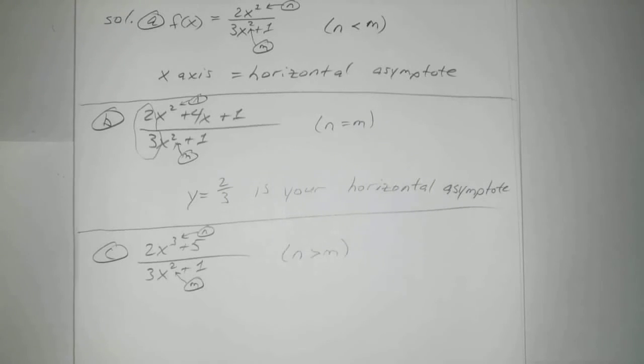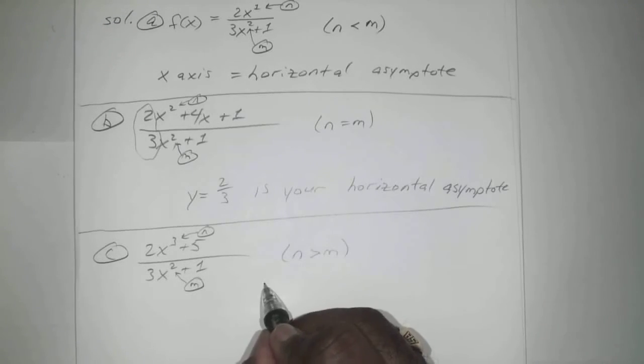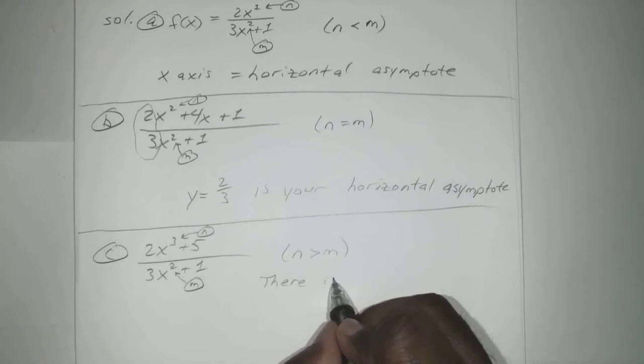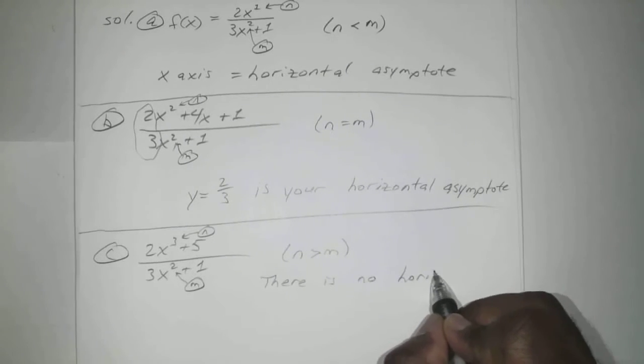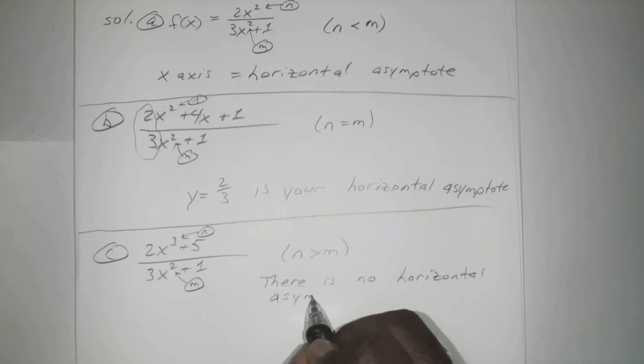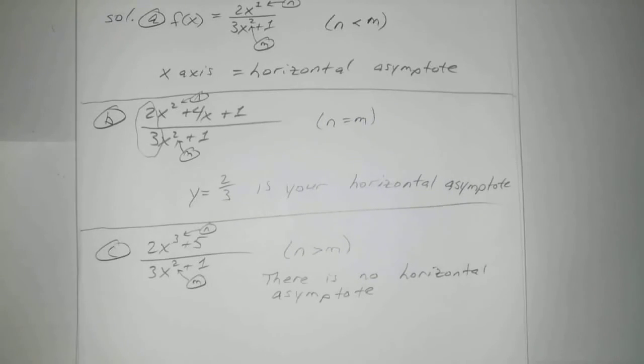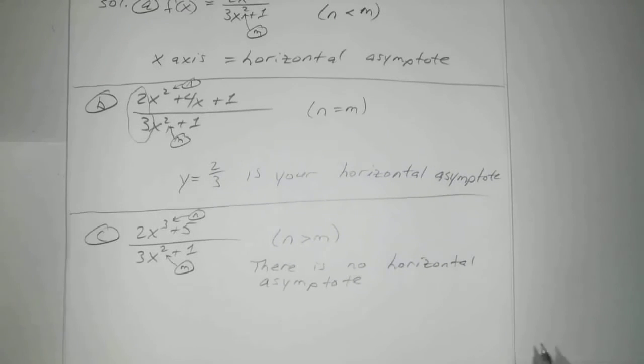Okay, so whenever n is greater than m, there is no horizontal asymptote. So any questions on that one? All right, I'll leave that up for a few more seconds.